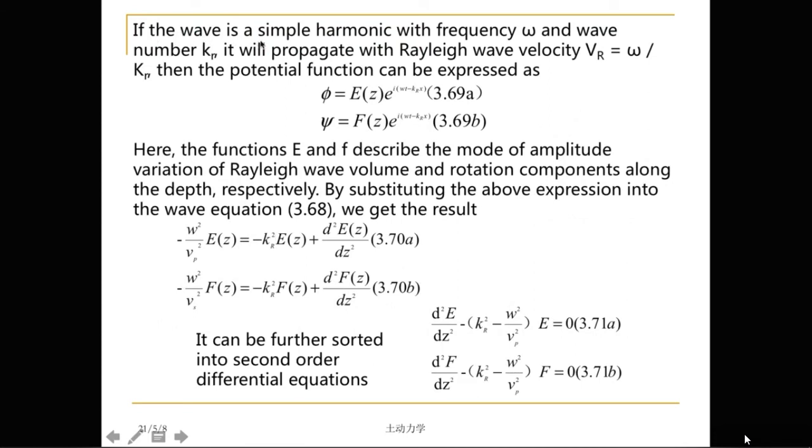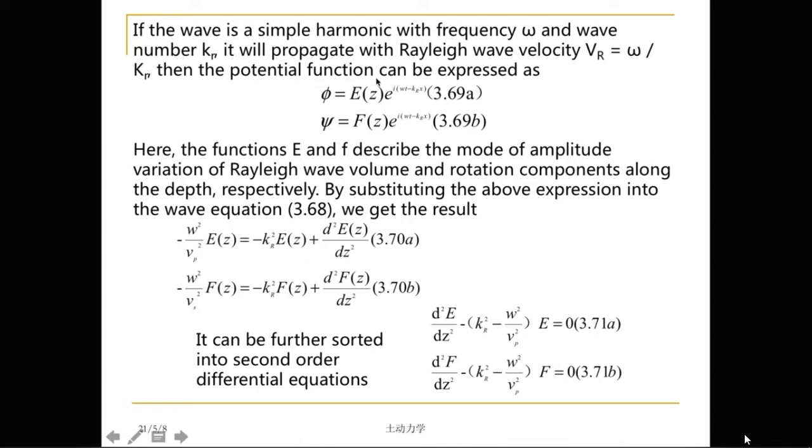If the wave is a simple harmonic with frequency omega and wave number kr, it will propagate with Rayleigh wave velocity Vr equals omega over kr.